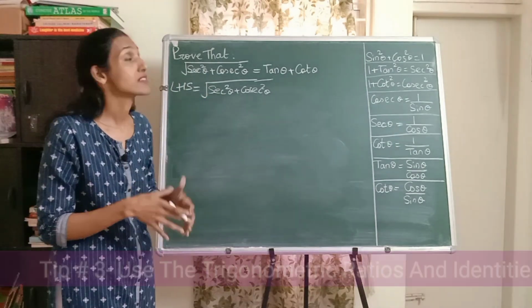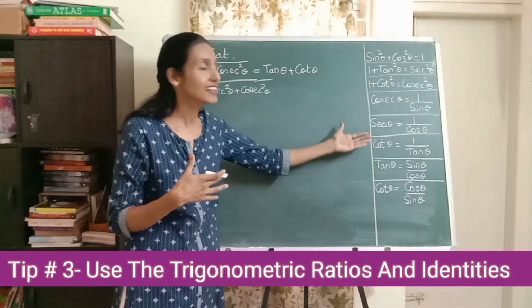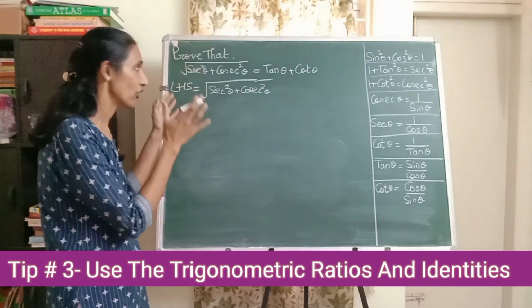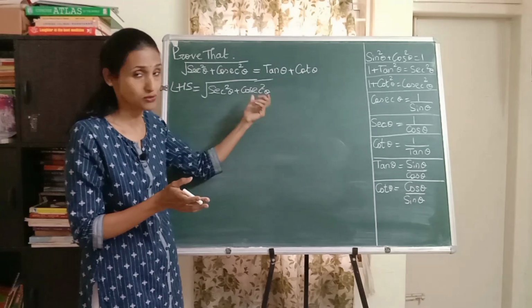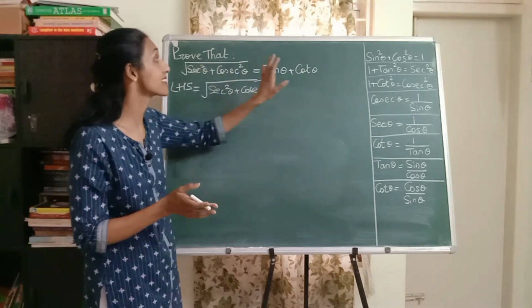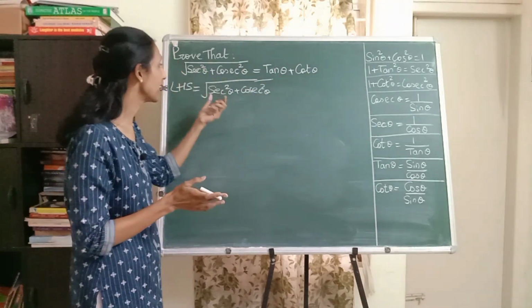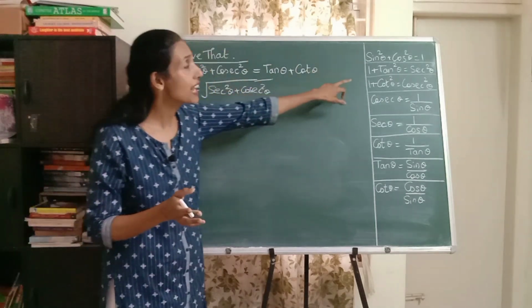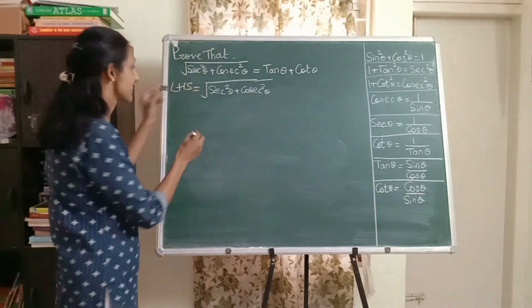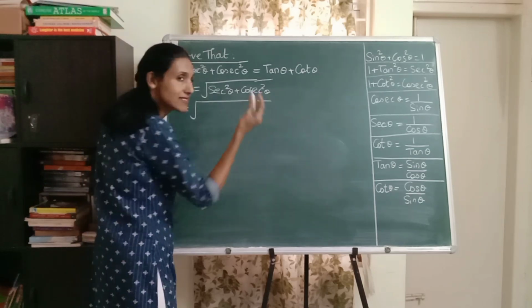Now the third tip is use all the identities and the ratios that you know in order to solve the expression. So here we have sec square and cosec square, and as we already saw, there is tan and cot. So how do I get tan and cot from sec and cosec? So here comes the identities. We know that sec square theta is 1 plus tan square theta.